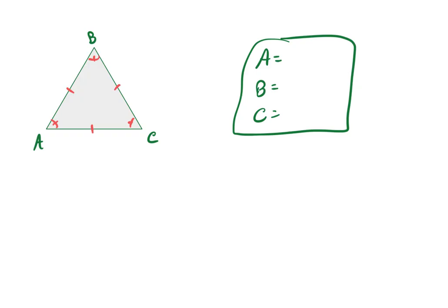So if each of the angles has to be equal and the angles have to add up to 180 degrees, so two things have to be true at the same time.